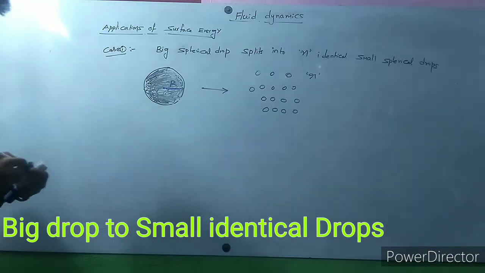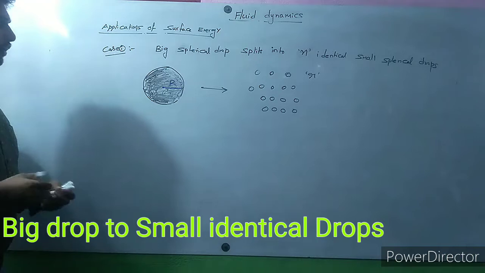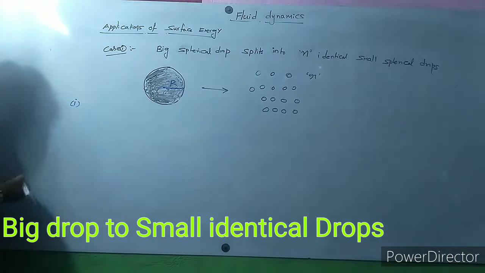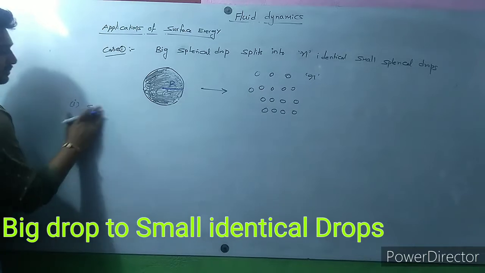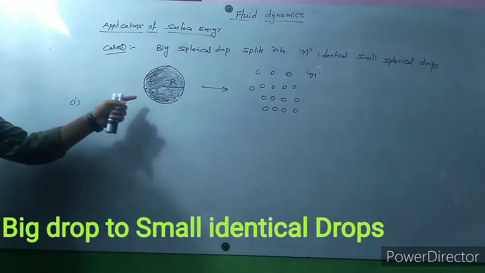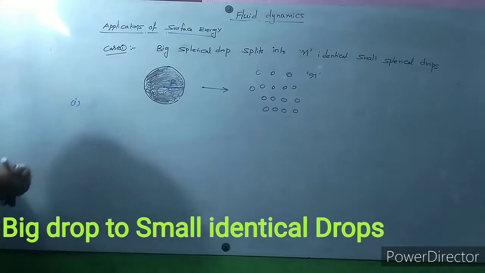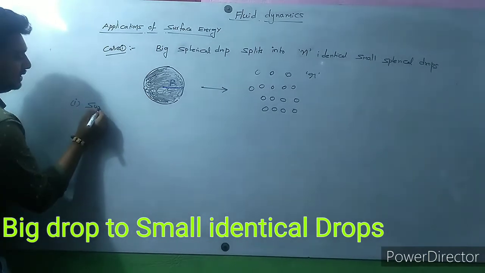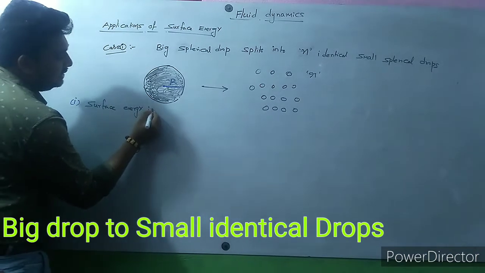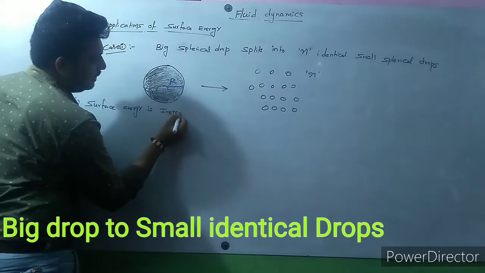For these, the radius is small r. Now here the first point is surface energy. Whenever a big drop splits into small drops, surface energy increases.